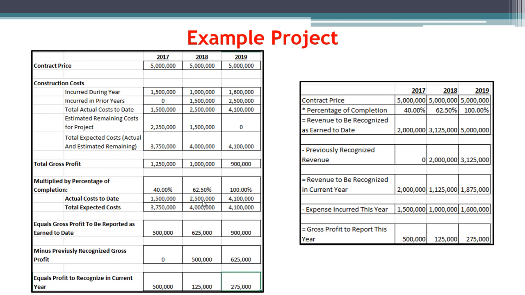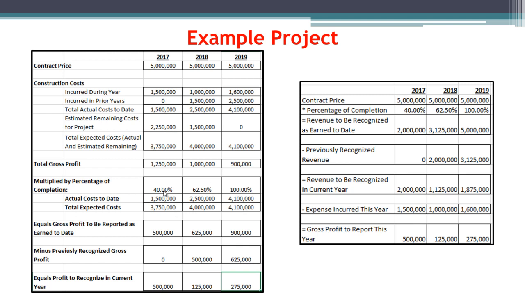So we've already incurred $2.5 million out of the expected $4 million. At that point, we're at 62.5% completion. Now, obviously, by the last year, we're going to be at 100%. So whatever our actual costs were, they all of a sudden become the total expected cost because there's nothing left.